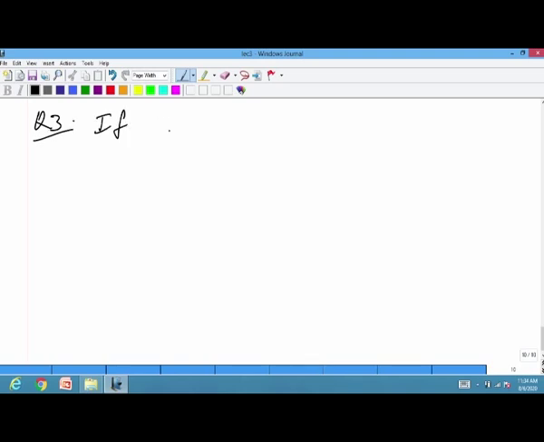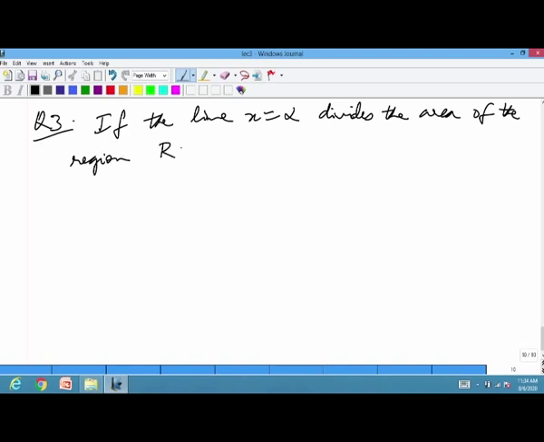Here it is given that the line x equal to alpha divides the area of the region R equal to (x, y) in R2 such that y is between x cube and x, and x is between 0 and 1.